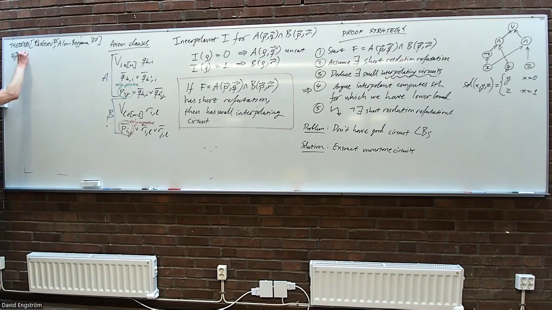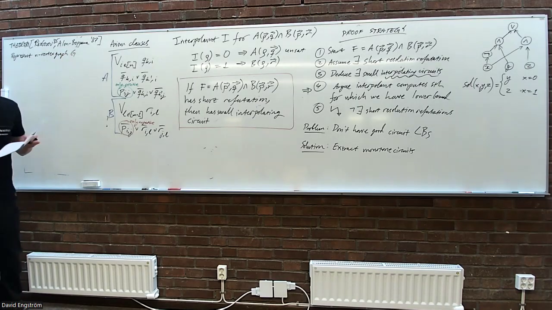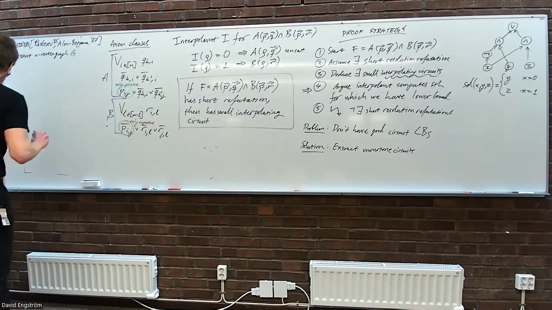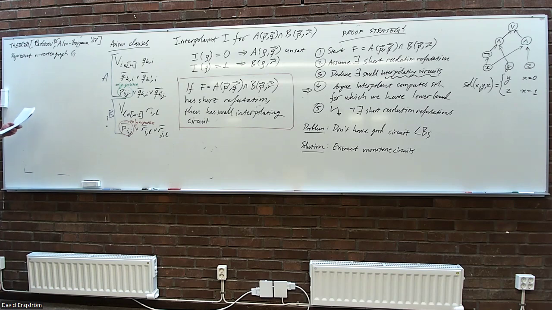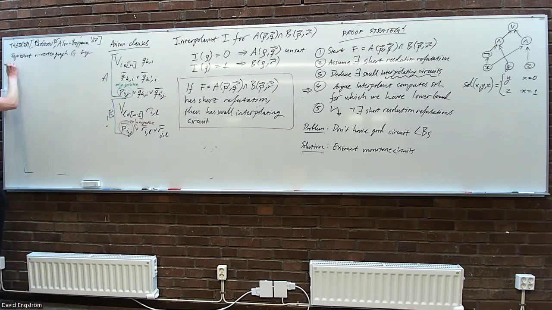The theorem says the following: we have a circuit computing on graphs, and we're going to represent the n-vertex graph G by n choose two edge indicator variables.